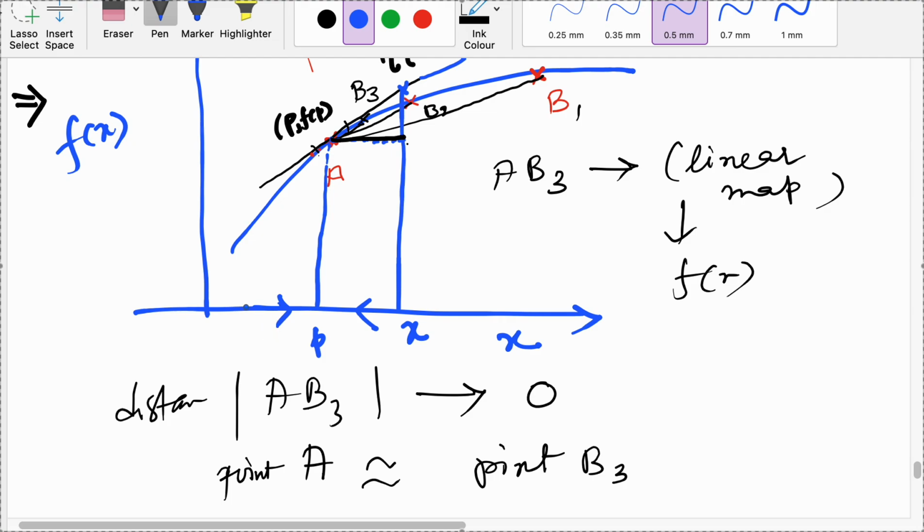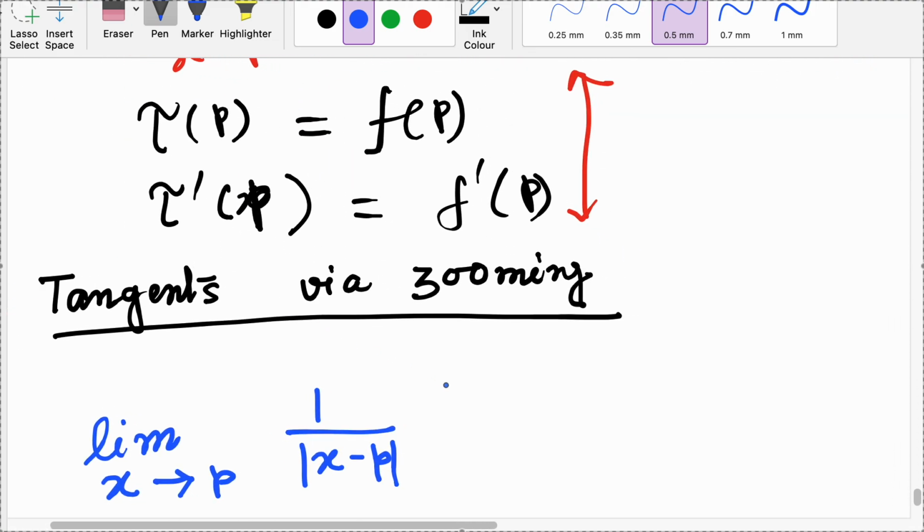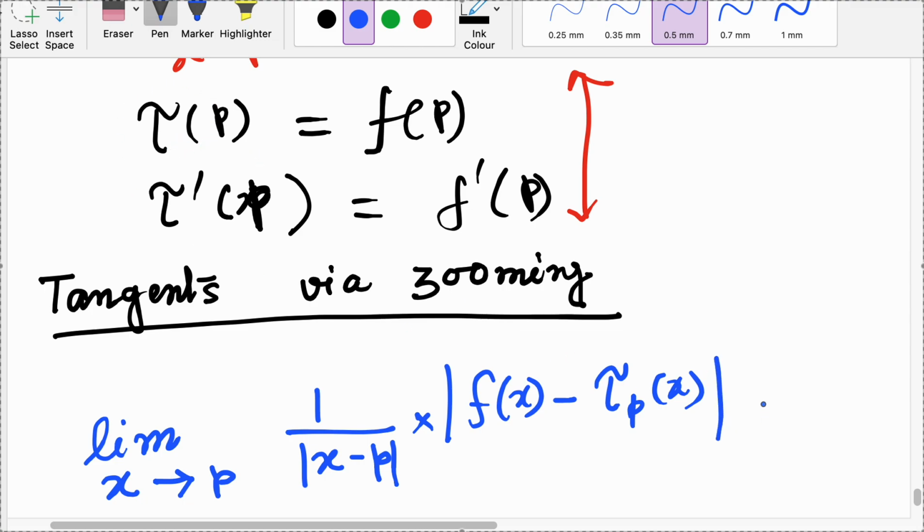The distance between my point x and p, times f(x) minus the tangent at p evaluated at x, where at point p I am drawing a tangent, will be equal to 0. This is a very strong statement: f(x) and T_p(x), the tangent, when x is close to p, these two are actually very close.